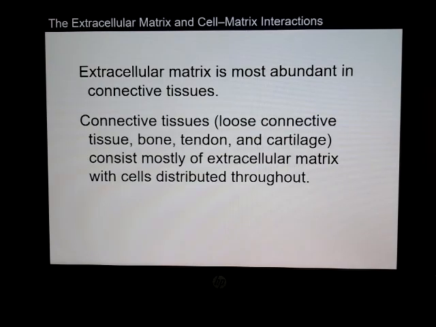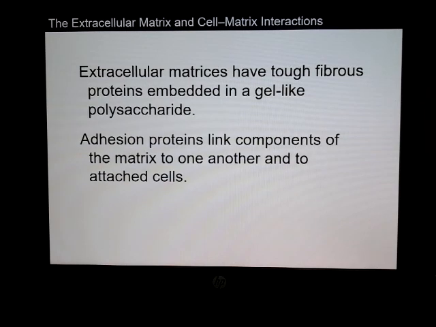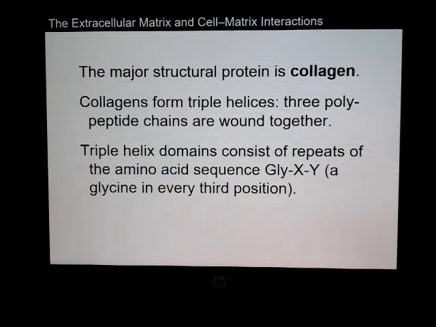It's abundant in connective tissues, things like connective tissue, bone, tendon, cartilage, etc. And it's distributed throughout these different types of cells. So there's tough fibrous protein embedded in there, and we also have adhesion proteins that will link components of the matrix to one another and also to attached cells.